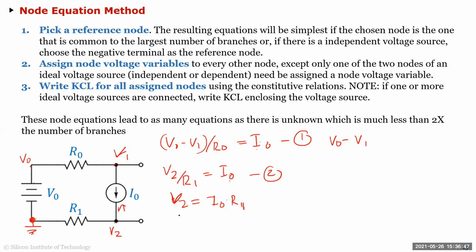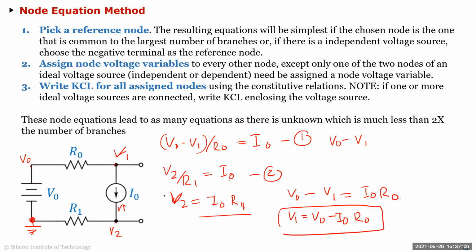So you get V2 equals I naught R1, and V0 minus V1 is equal to I naught times R0, and so V1 is equal to V naught minus I naught R naught, right? So those are your 2 unknown voltages. So that's the node equation method.